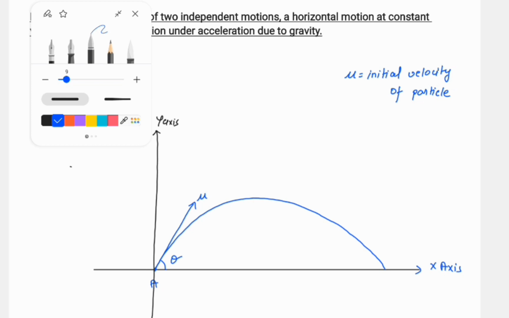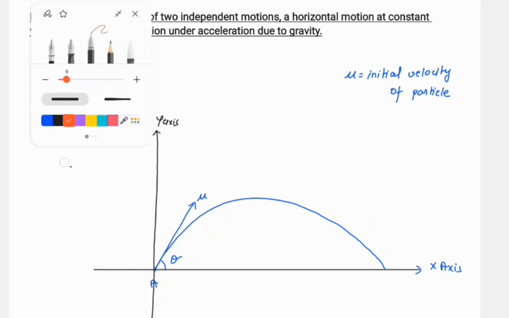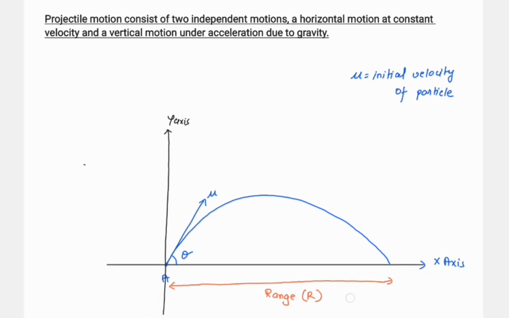The displacement of the particle in the x-axis will be known as the range of the projectile. How far you have thrown the projectile in the x-axis will be known as the range of the projectile.